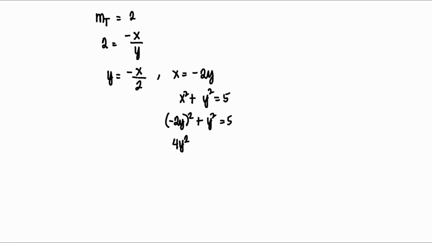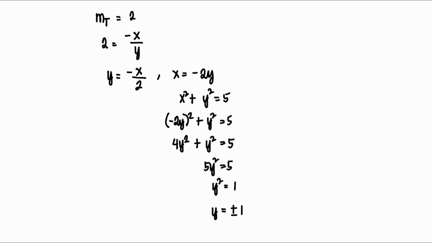Raising to the power of 2, 4y squared plus y squared equals 5. 5y squared equals 5. Y squared therefore is equal to 1. So y is equal to plus minus 1. When we extract the square root, there are always two roots.